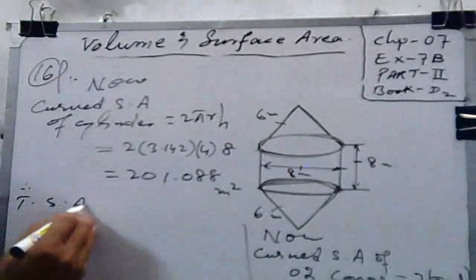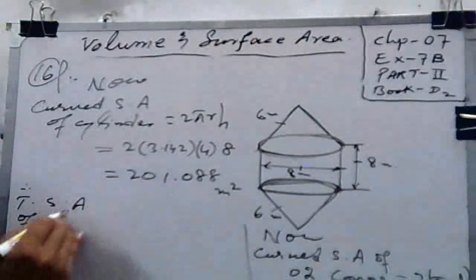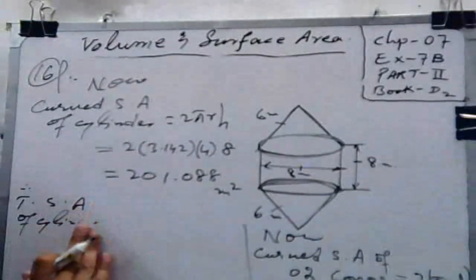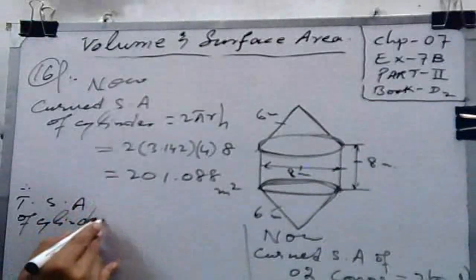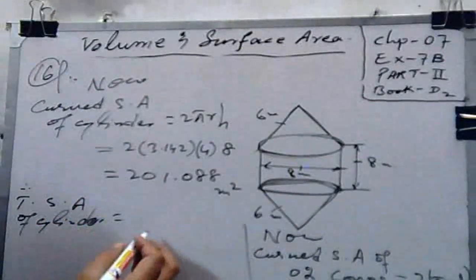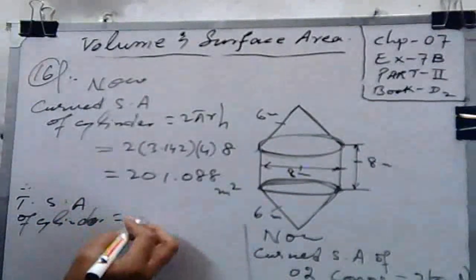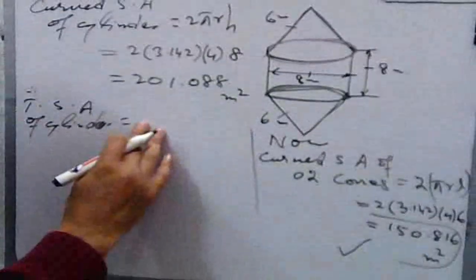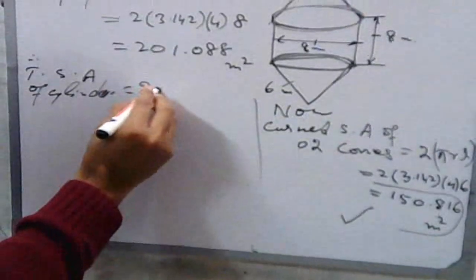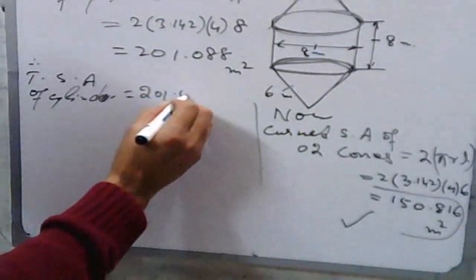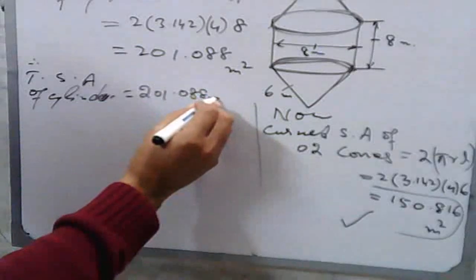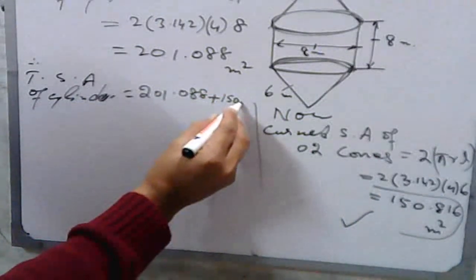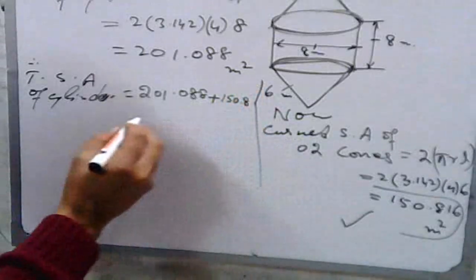Hence the total surface area will be equal to, we have to add both, that is 201.088 plus 150.8.